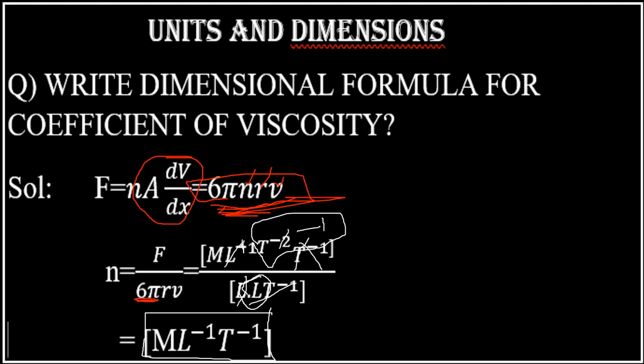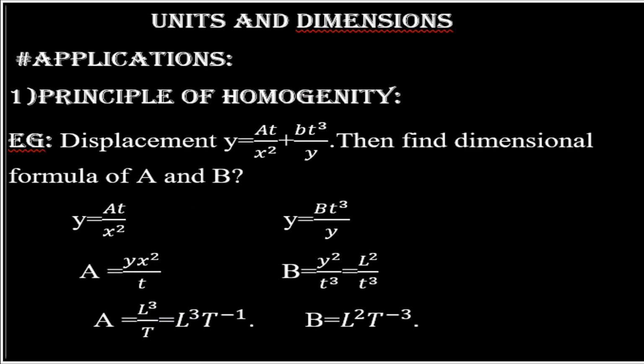It becomes more complicated here with eta A dV by dx, doing differentiation and everything. But it becomes easier and saves our time by using this formula: viscous force equals 6 pi eta RV. This is the solution. So friends, we have seen two examples related to dimensional formula, and now let's go for applications.